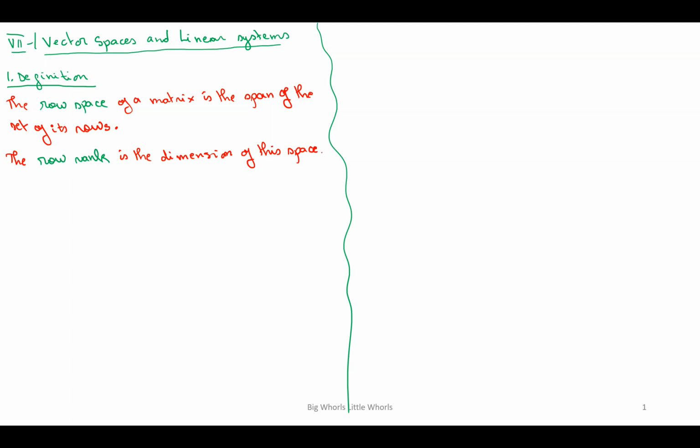Okay, so that means it is the number of linearly independent rows. Okay, so let's have a look at this lemma.